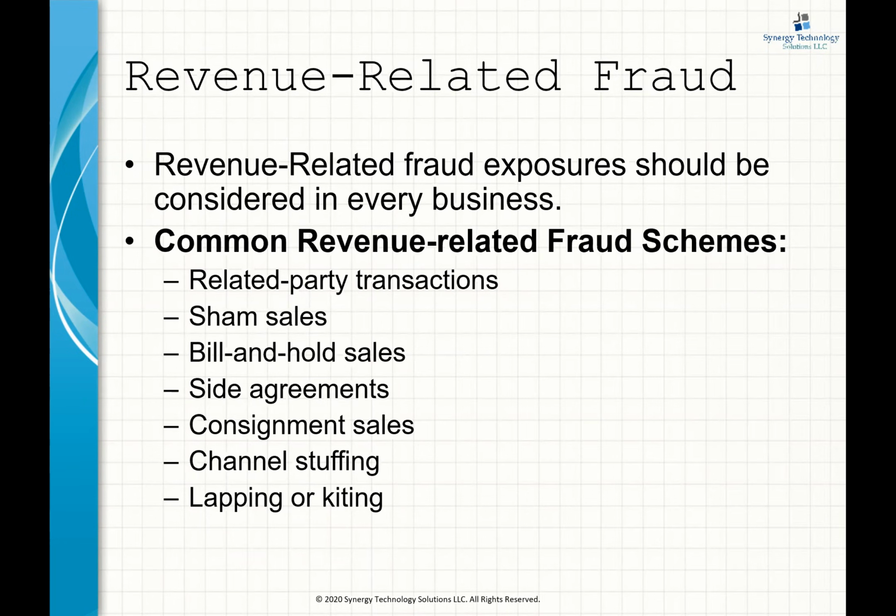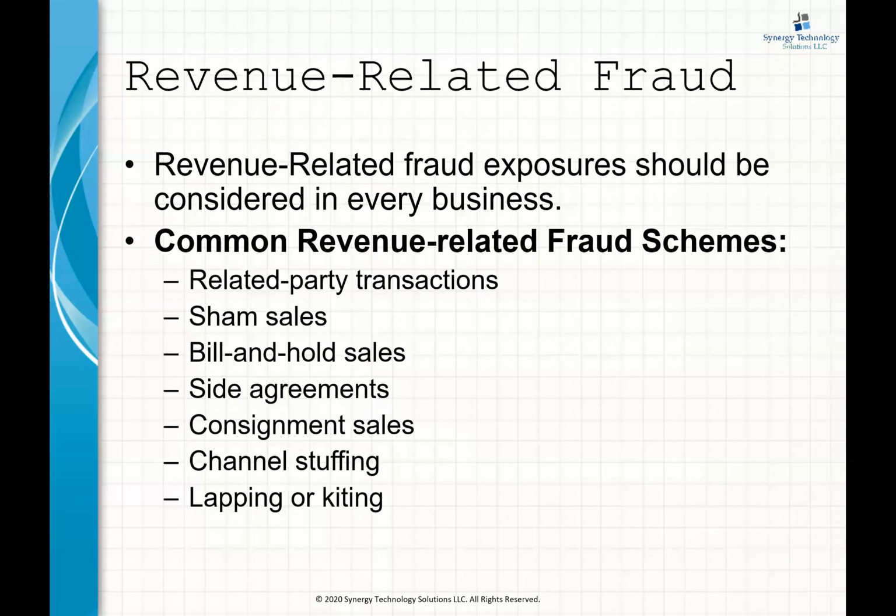So by doing that, they hid the real transaction. Remember, you create a receivable, your revenue goes up. Another one is sham sales, fake sales. These are not actual sales. You just create a sale and show that your sales have gone up.